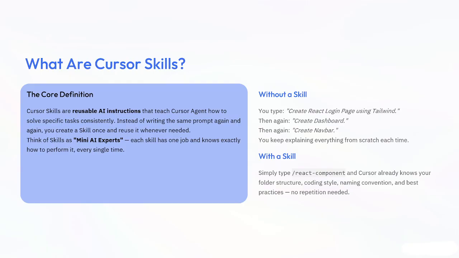Cursor already knows your folder structure, naming convention, Tailwind, TypeScript, and instead of writing long prompts, you use one single command. Don't you think it's crazy? I hope you got the point because I have given you a very simple example.